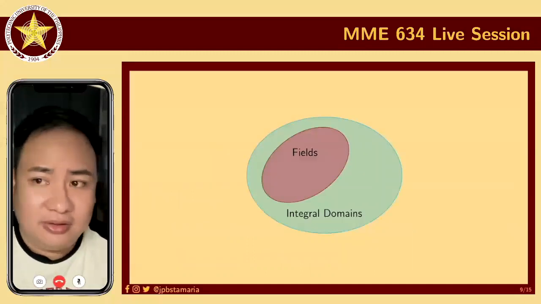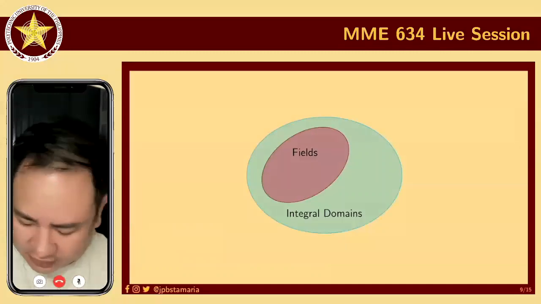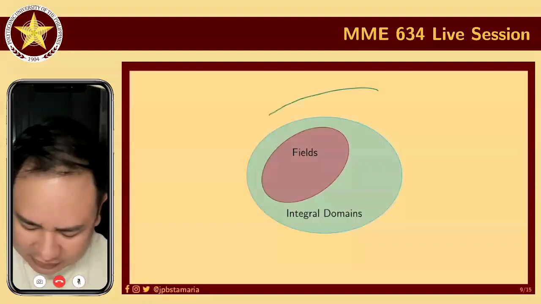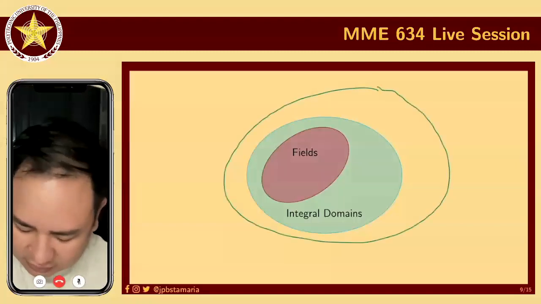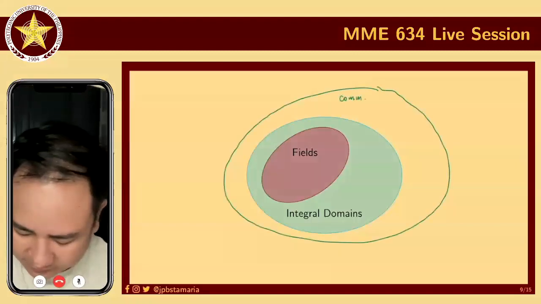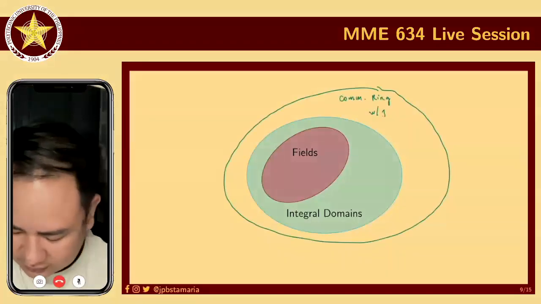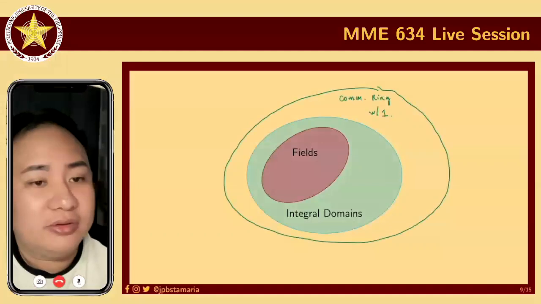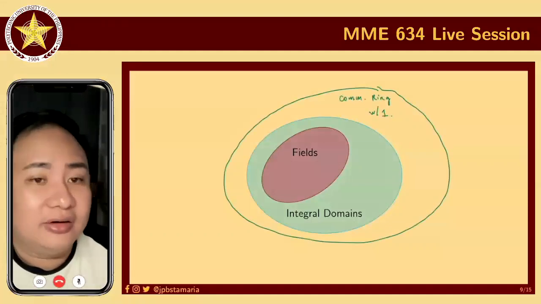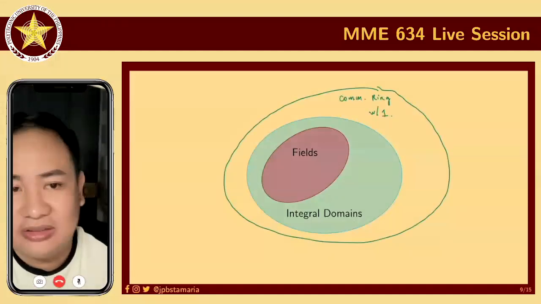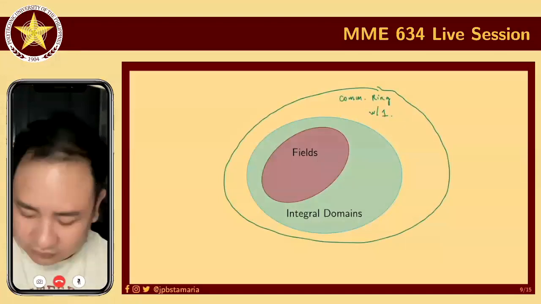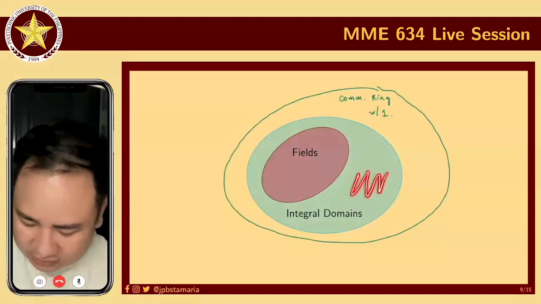Right? By the way, dagdagan natin yung Venn diagram. Meron pang isang malaki dito. Nandito yung mga commutative ring with unity. Ganyan ang ating Venn diagram. Ang tanong ko dito, meron bang rings na integral domain pero hindi field?